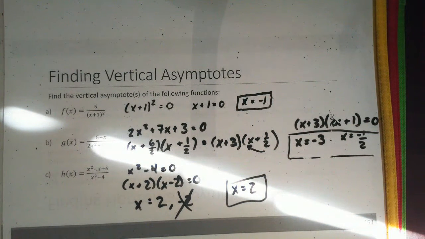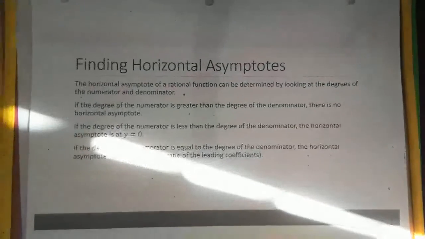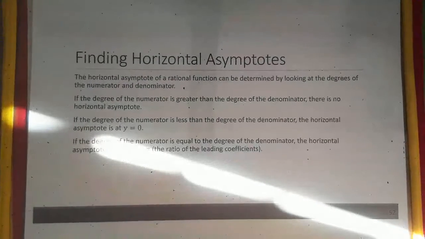So now that we've taken a look at vertical asymptotes, we're going to try our hand at finding horizontal asymptotes. So the horizontal asymptote of a rational function can be determined by looking at the degrees of the numerator and denominator. So remember, degree means the highest power on x.